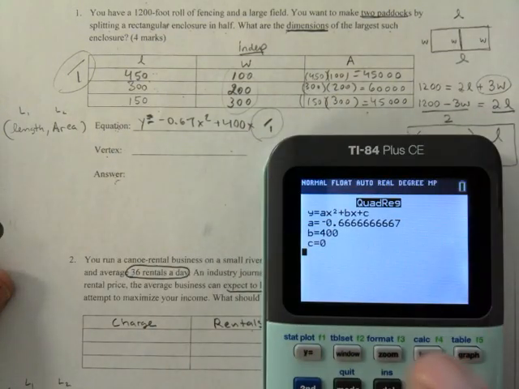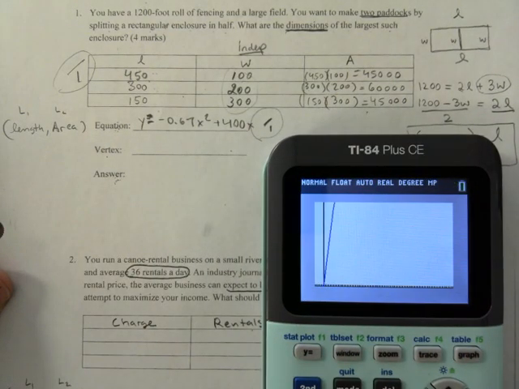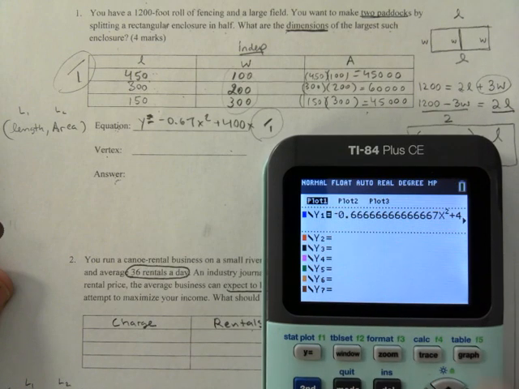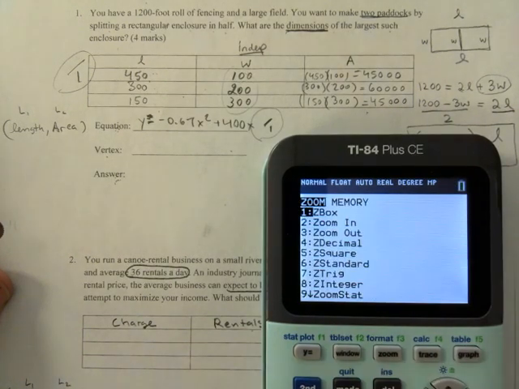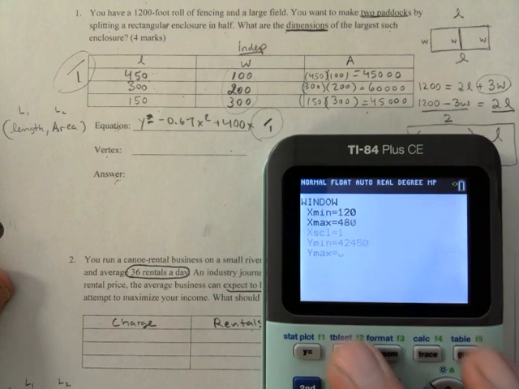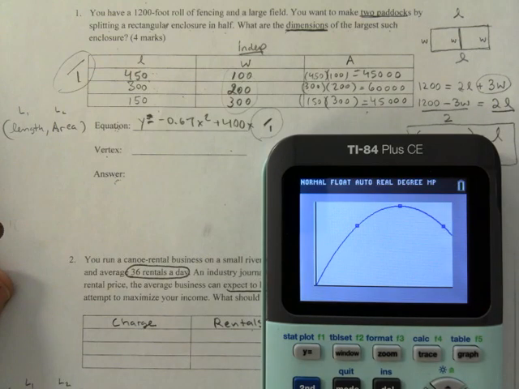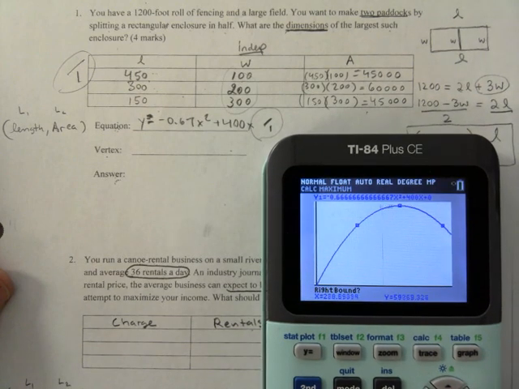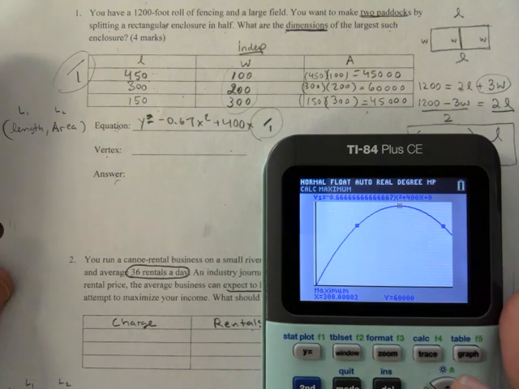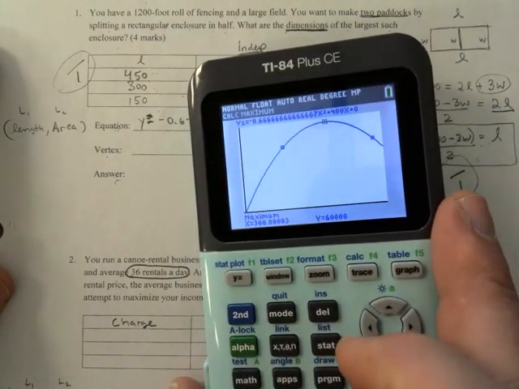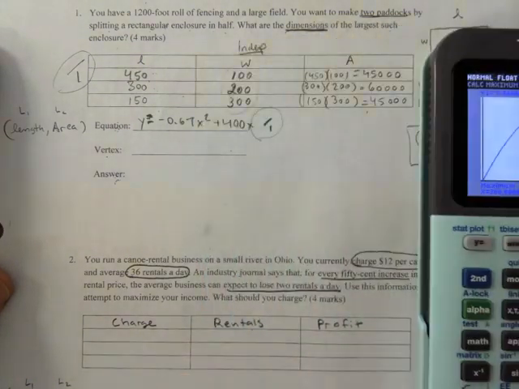So vertex, zoom 9 to get me started. Plot 1 is not turned on here. Zoom 9, window, and set the mins, go again. That's enough. I see my vertex, so I'm just going to go for it. Left, right, 360,000, right? 300.